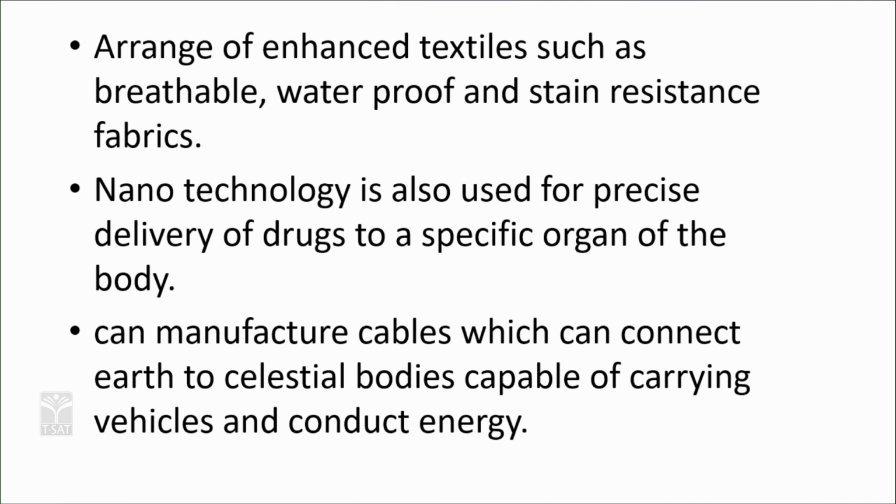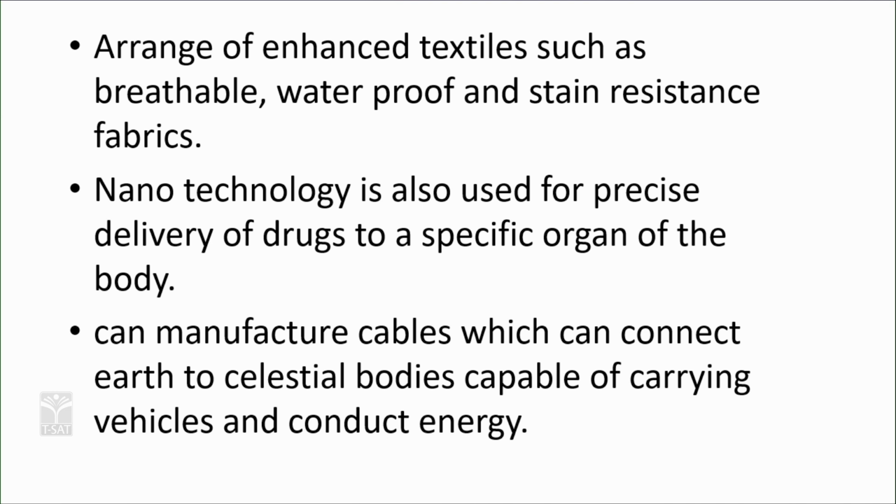So, what is happening here is enhanced textiles. Breathable means the clothing you are wearing is comfortable, which helps in the passage of air comfortably, so that you feel comfortable when the air is passing through the clothes. Waterproof: when you are moving in rain, you must have better waterproof materials.